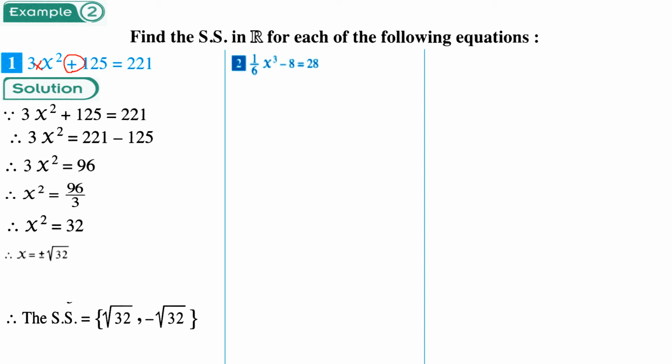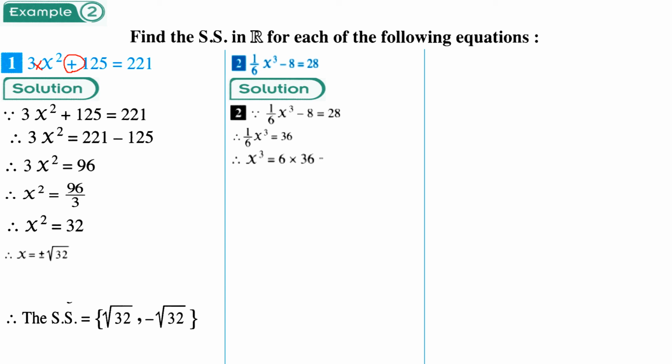Okay, we'll start with which operation? 1 over 6 or power or minus 8? Exactly, we'll start with the inverse operation of the subtraction, which is addition. So we will add 8 to both sides.